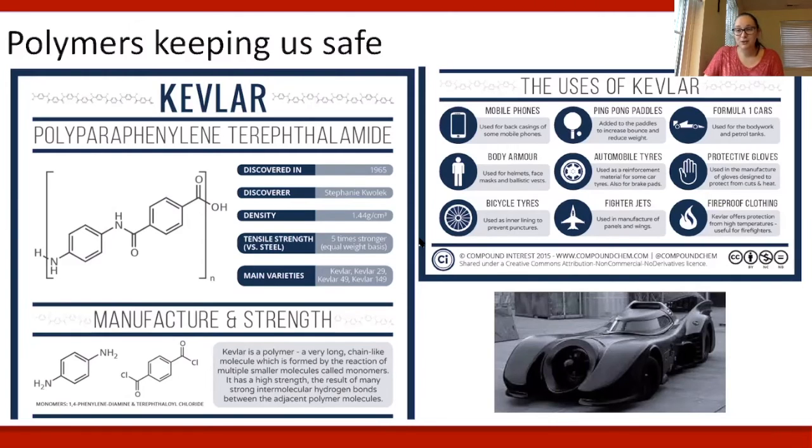This was only discovered in 1965, and this is an example of a polymerization reaction that has been used to enhance technology in things such as fighter jets, or really enhance durability in this case. Having a really light material that's really strong can help, I guess, with the physics and engineering of making new things.